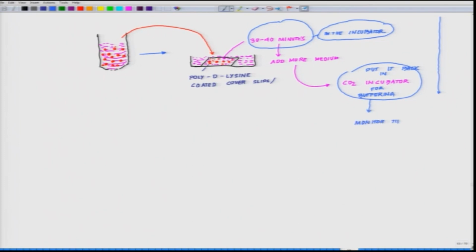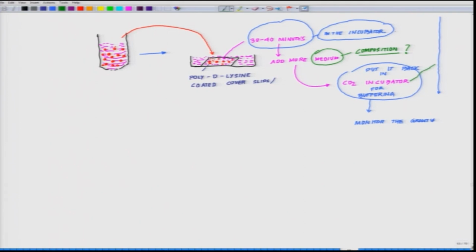monitor the growth. So, what I haven't told you as of now is this other part, composition. What is that medium? This I haven't told you.